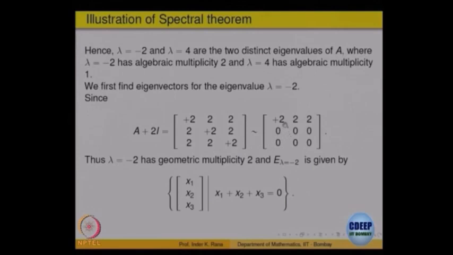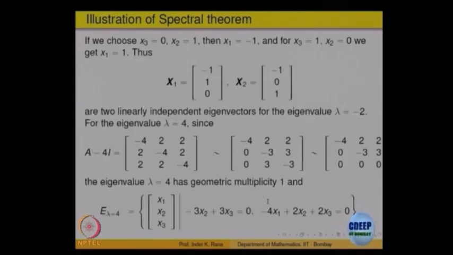So, just writing this, it is 2 times x1 x2 x3 equal to 0, for all linear combinations. So, that is a null space. You get 2 eigenvectors for this eigenvalue: x2 equal to 1, x3 equal to 0, and similarly the other with x2 equal to 0 and x3 equal to 1, and you compute the remaining component accordingly, that is minus 1 and minus 1.